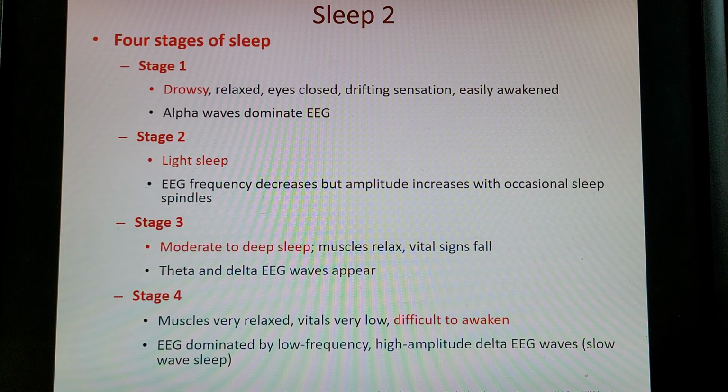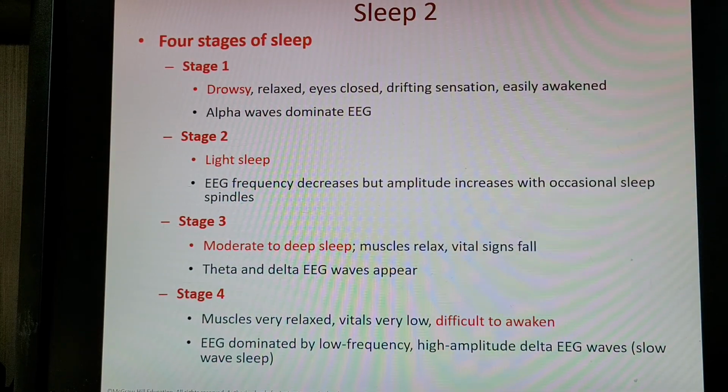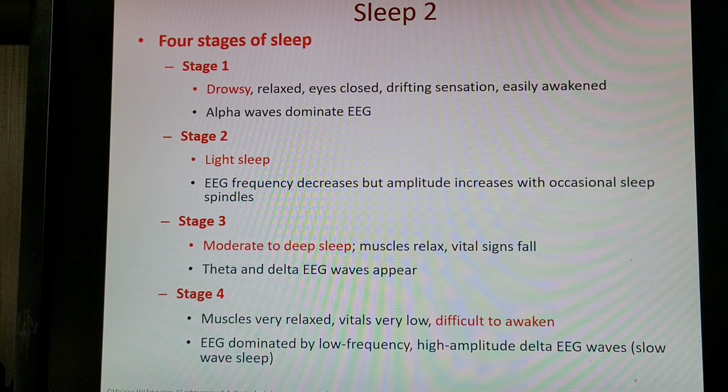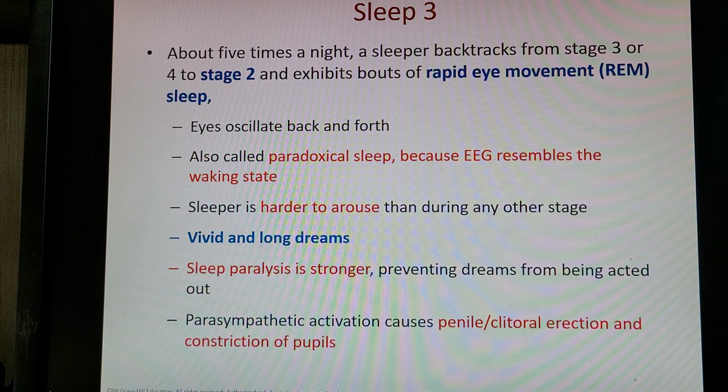So in sleep, we have 4 different stages. Each of these 4 stages has different frequency patterns, which we actually can record on that EEG and determine how deep asleep you are. You go through these different stages, and you pop back up through stage 2, which is our dream or rapid eye movement sleep.